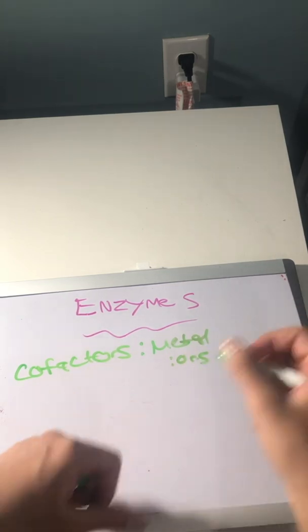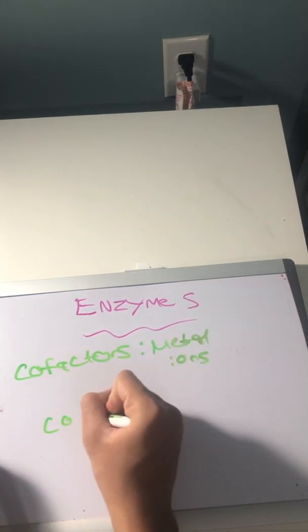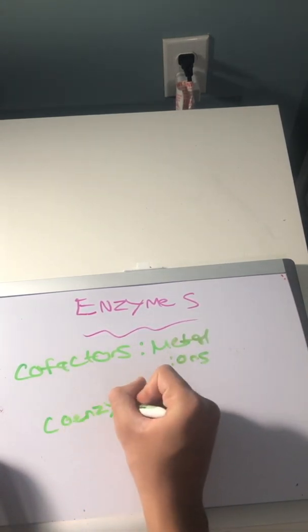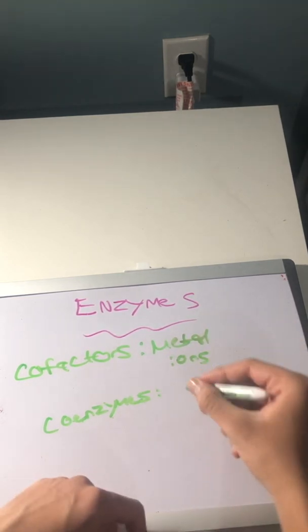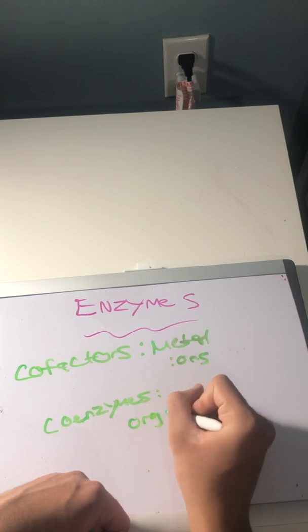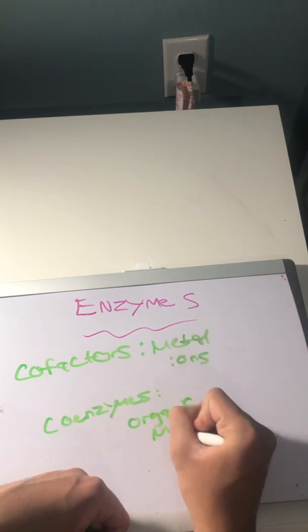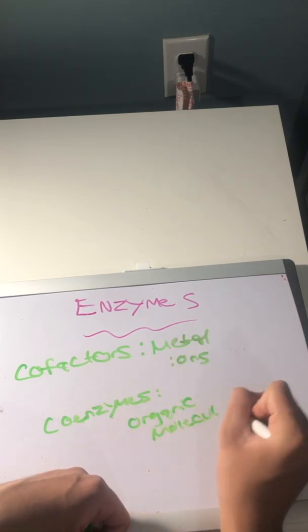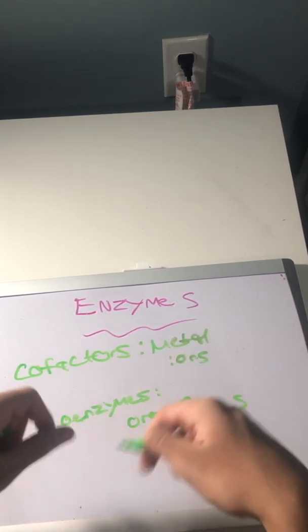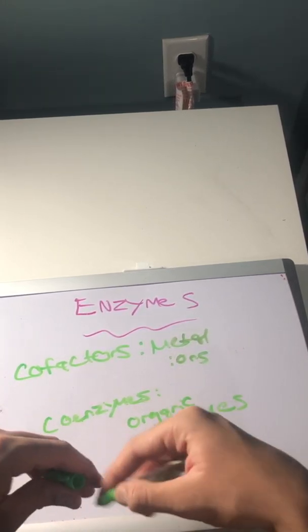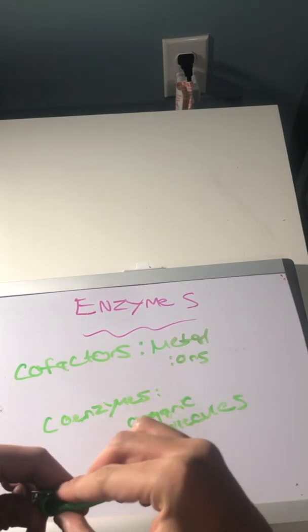It can be iron. And coenzymes can be organic molecules, such as vitamins. Vitamins are a great example of coenzymes.